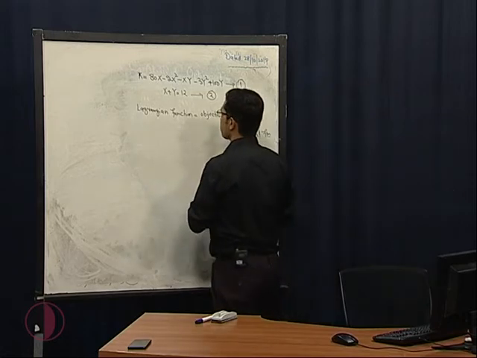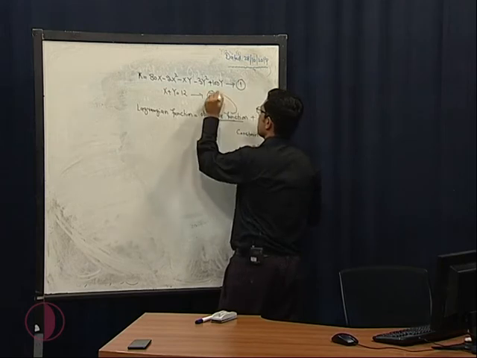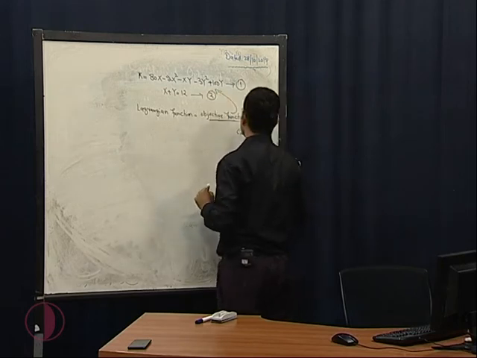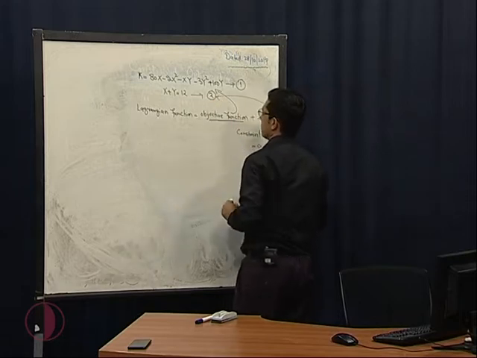Let me do it. This is the original objective function of the business firm, and this is the constraint function.